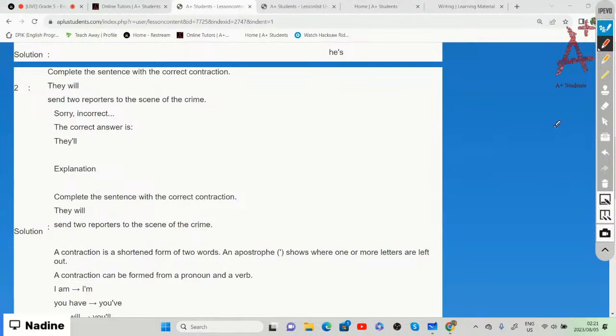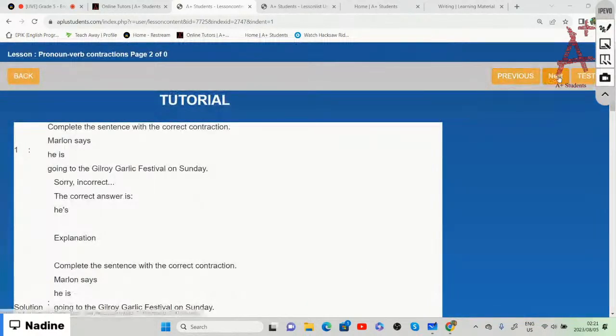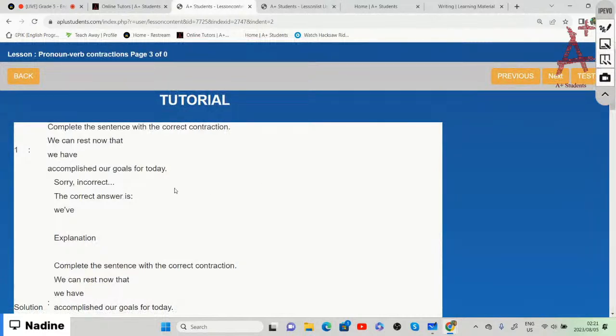All right. We can rest now that we have accomplished our goal for today. So we can rest now. We have accomplished our goal for today. So we need to look at the words we have, right? We have.